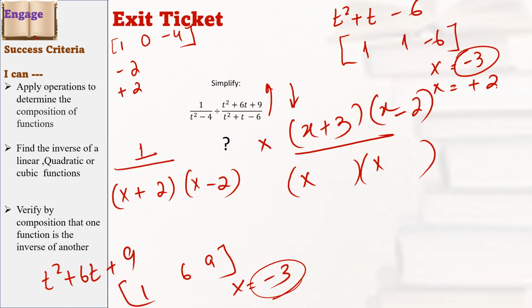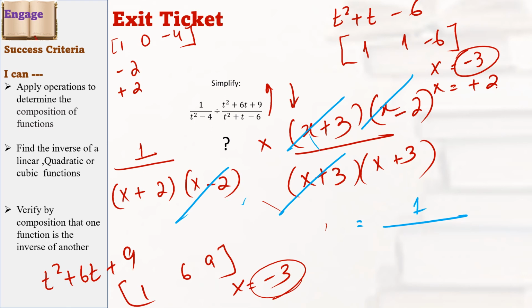So you change the sign but you write that factor 2 times. Now cancel the same terms, that is x plus 3 and x minus 2 and x minus 2. So in the numerator only 1 is left and in the denominator x plus 2 and x plus 3 are left.